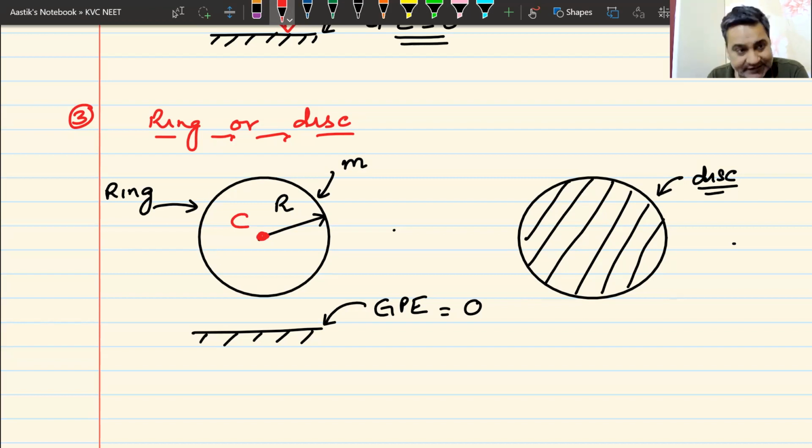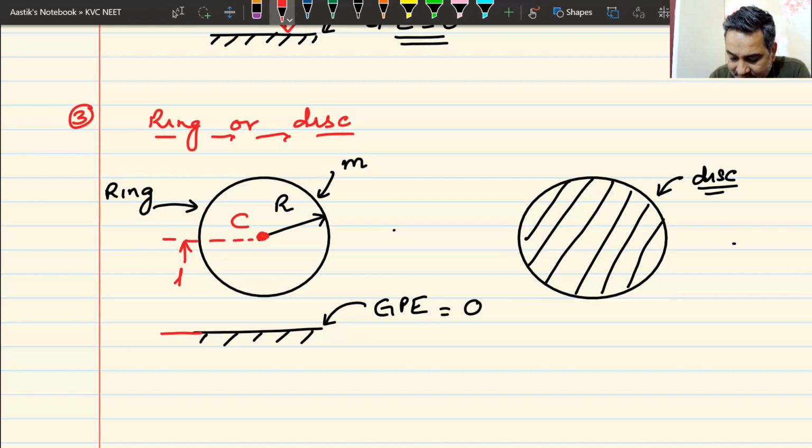And again, as I said, the center of mass of the rod or the rope, which is straight, or a spring or a chain, which is straight and uniform, a ring and uniform, a disc and uniform, a cylinder and uniform, will always lie at the center of that thing. So I have to find this height from ground.